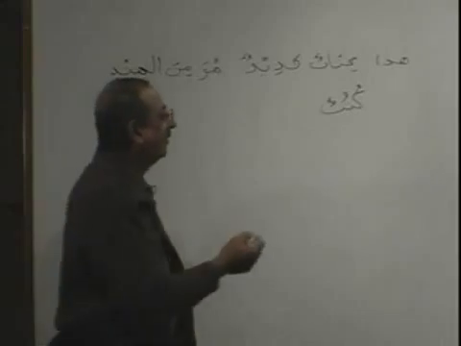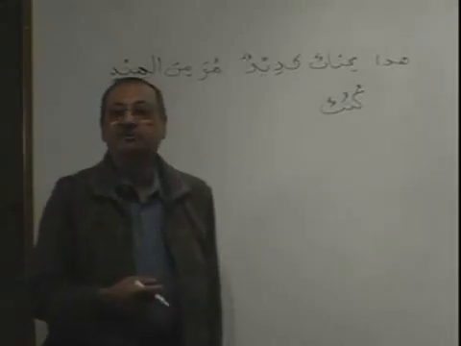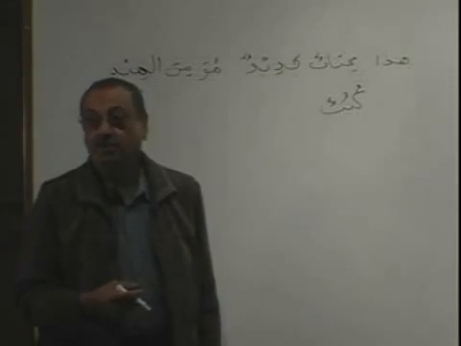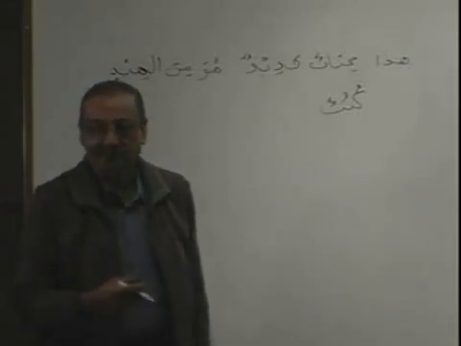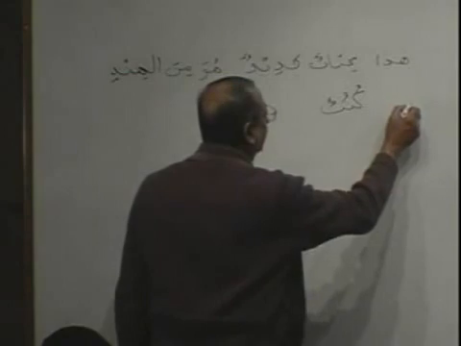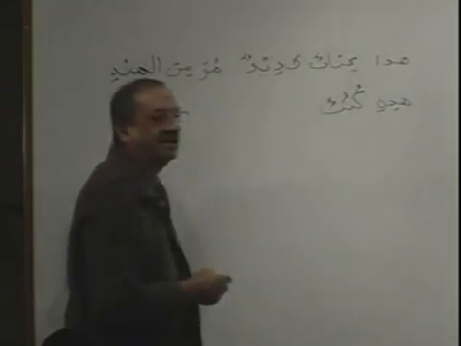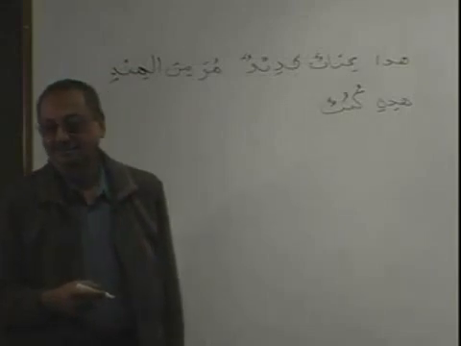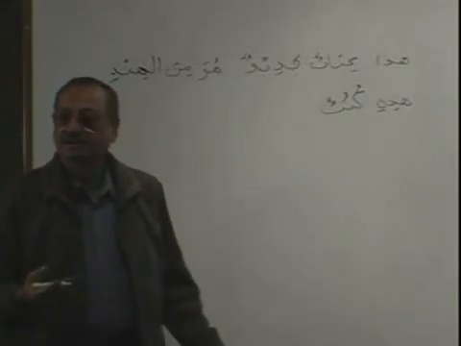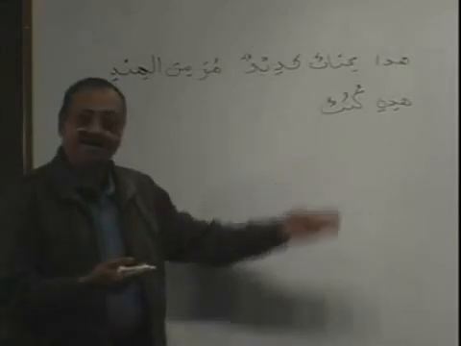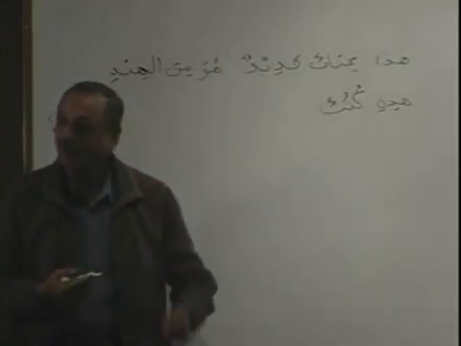Now, as we know, we use for jama' hadha, ha'ula'i, or ula'ika, things like that. But I am writing here hadhihi. What happened? I am writing plural and then writing hadhihi, which is for singular.